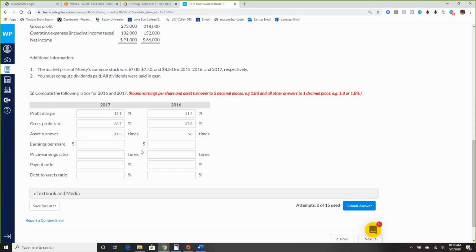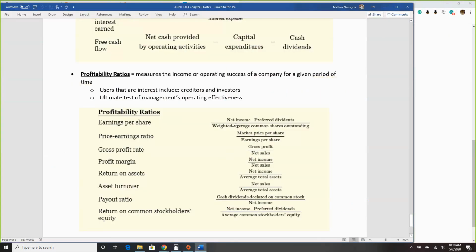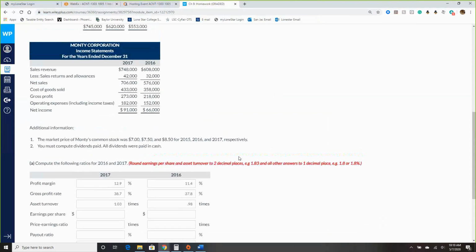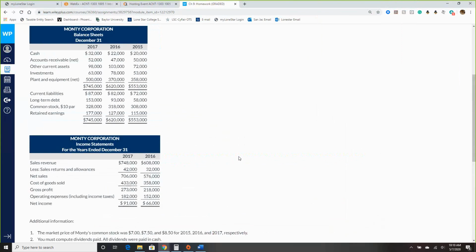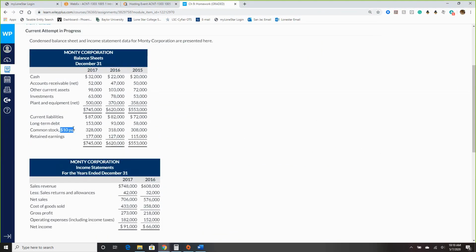Okay, next is earnings per share. One of those that we have to watch out for is if we saw preferred dividends, which there isn't, but it says common shares outstanding at income. Kind of like that they keep giving those. So here we know $10 par.